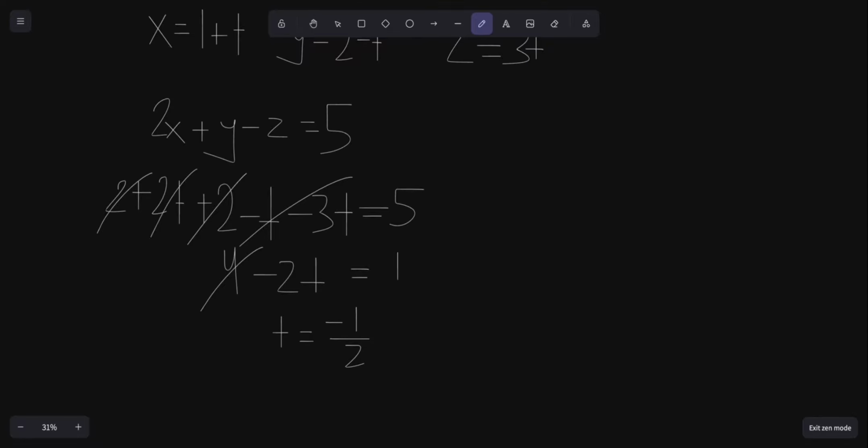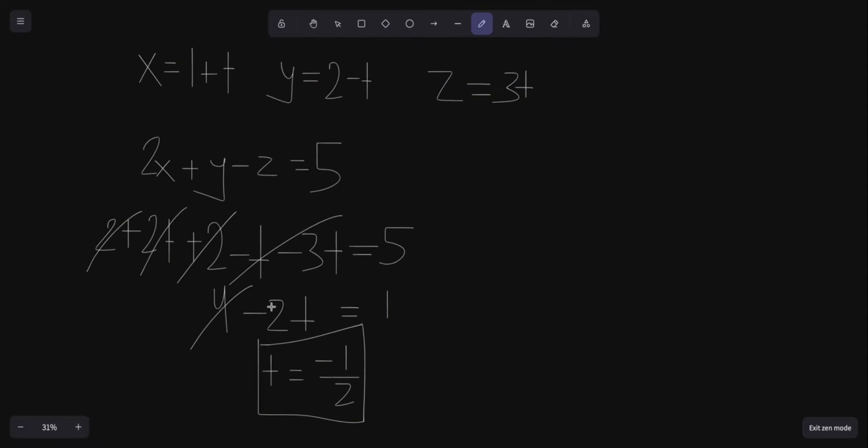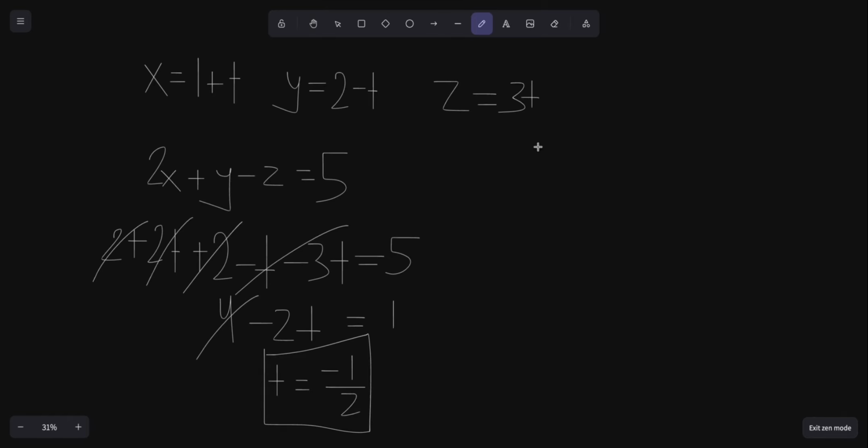Okay? Now what do we do after this? After we get t, we just have to substitute everything back into our xyz equation. Because at the end of the day, we have a position function, r of t, that describes the position of our particle on the line at any moment, right?